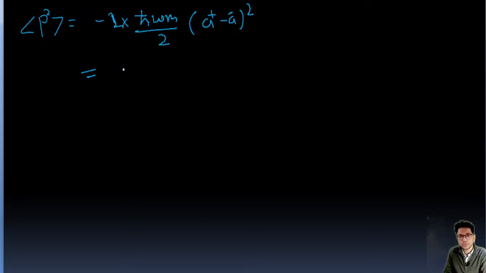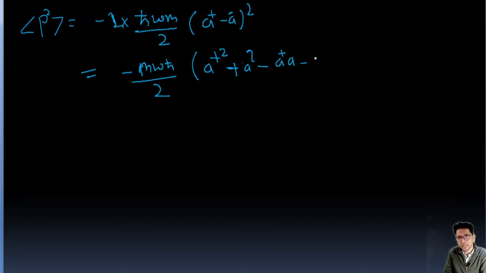So now we'll open it, so it is going to be minus m omega h cut upon 2, and we open this whole square: a dagger square plus a square minus a dagger a minus a a dagger. Okay, and since we know a dagger a is the number operator n, this is called the number operator, and a a dagger is n plus 1.